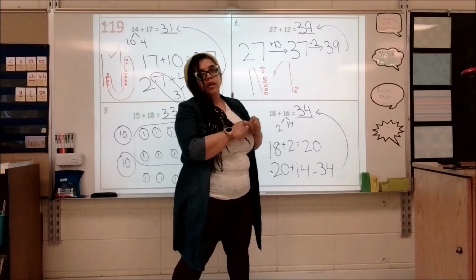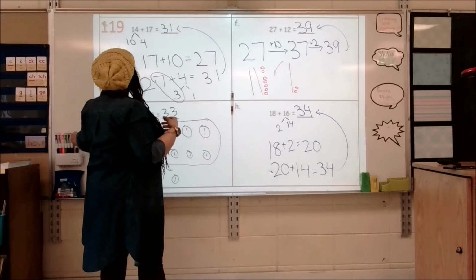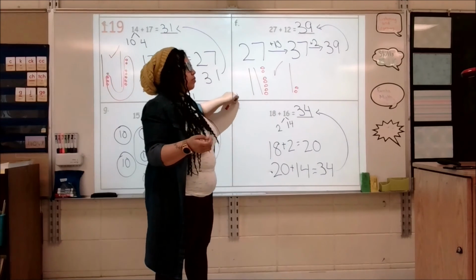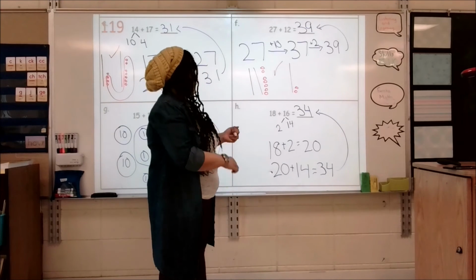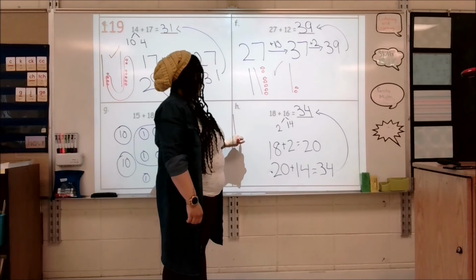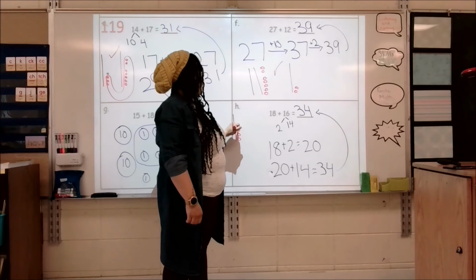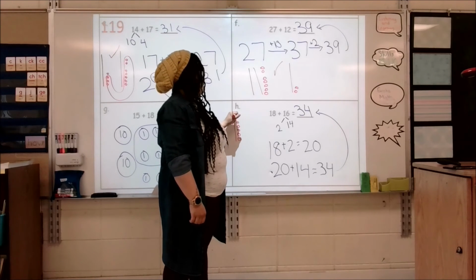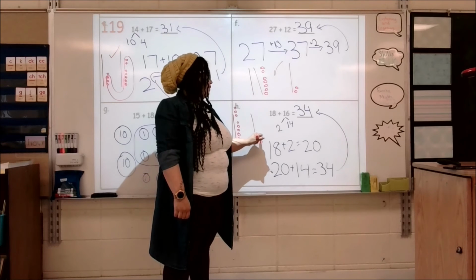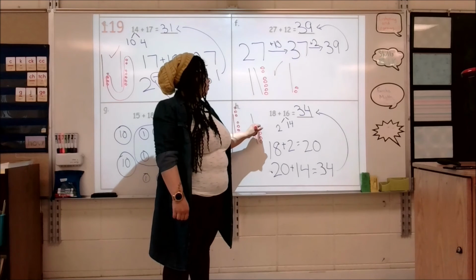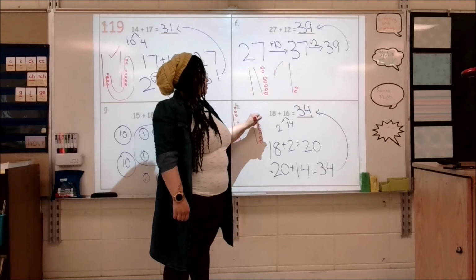Now, in checking to make sure we did this correctly, what do we do? We draw a picture. Good. So 10, 11, 12, 13, 14, 15, 16, 17, 18, 10, 11, 12, 13, 14, 15, 16.